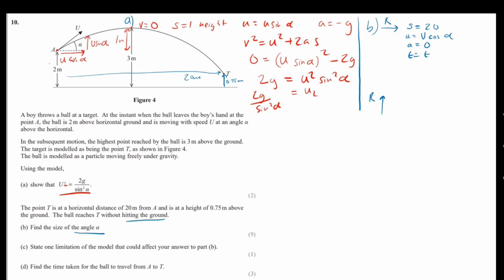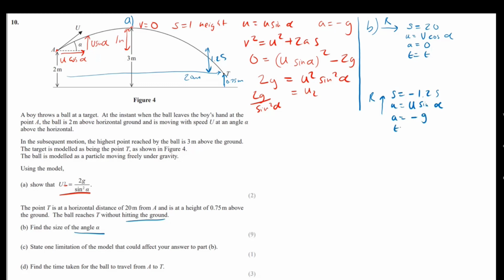Vertical, well that's 2 and that's 0.75, here to here is 1.25, so your S is minus 1.25. Your little u is still, you can know that's the vertical, u sine alpha. A now is going to be minus g, they haven't told you what A is.